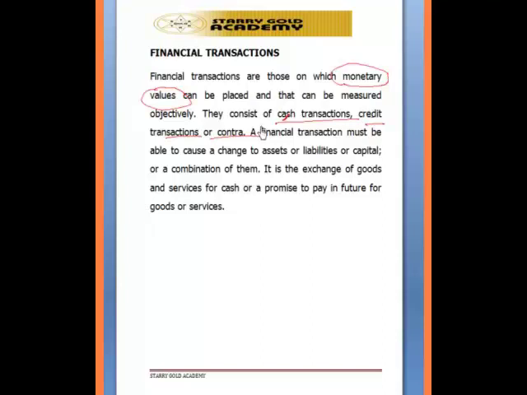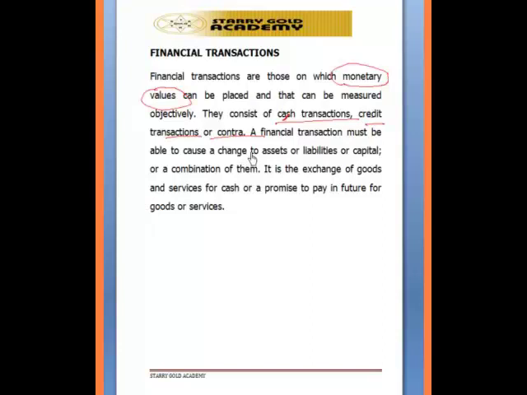A contra transaction may be a transaction between a customer, the supplier, and the firm, or probably within the organization. That is, transferring cash at hand into the bank serves as a contra transaction. So a financial transaction must be able to cause a change.